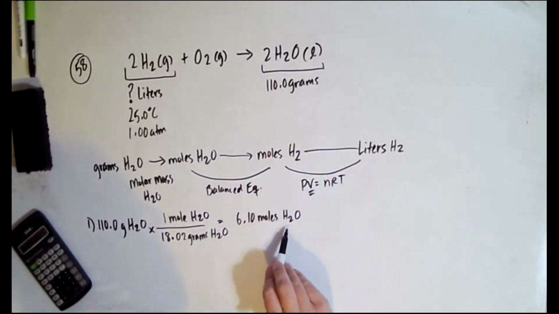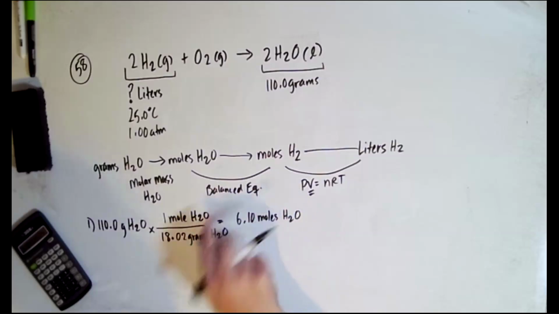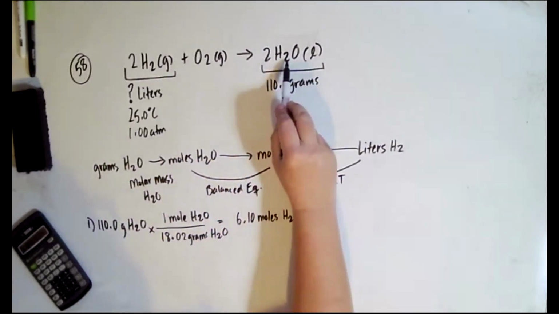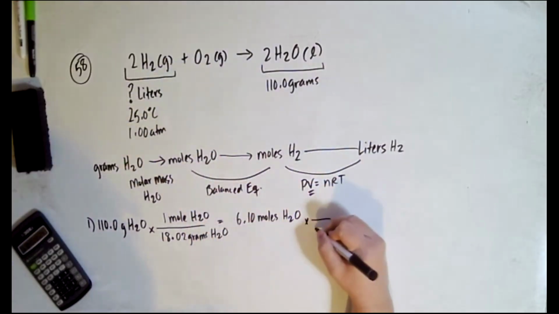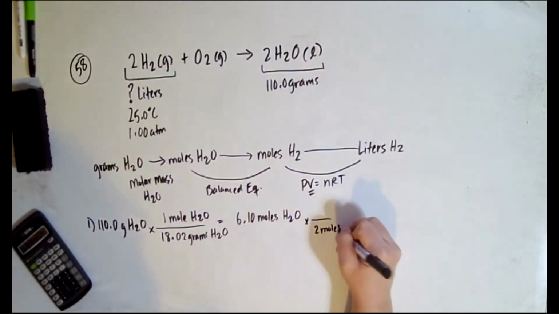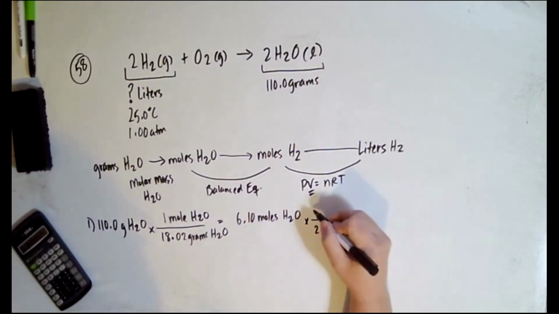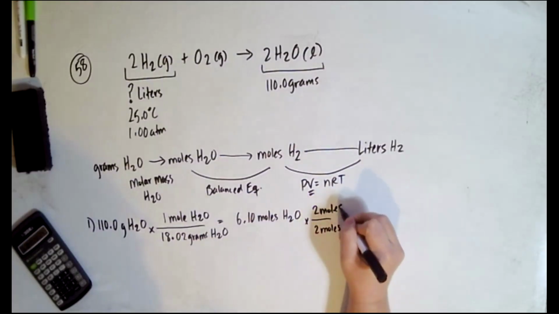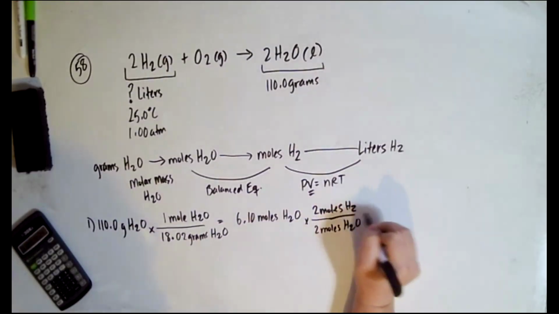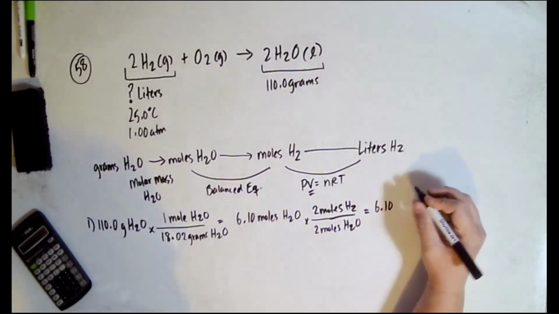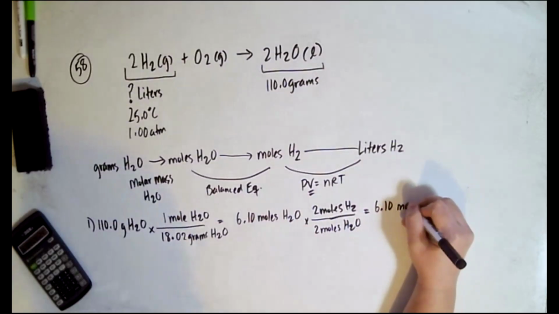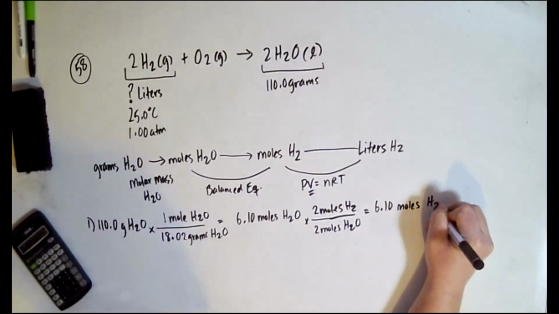Okay, and once we have our moles of H2O, now we can do that second step with our balanced equation. Every 2 moles of H2O is going to require 2 moles of hydrogen gas. So if we make 6.10 moles of H2O, that means that we're going to need to be reacting 6.10 moles of hydrogen gas.